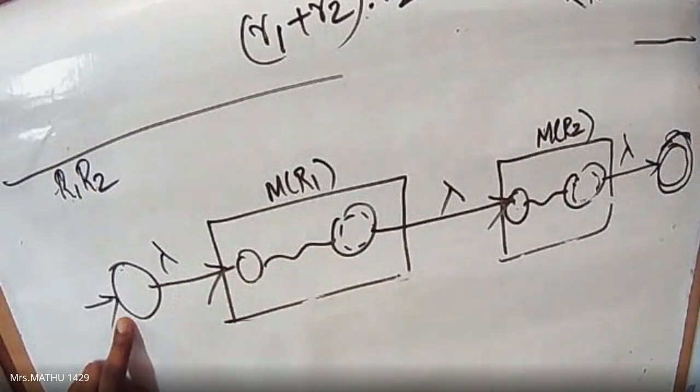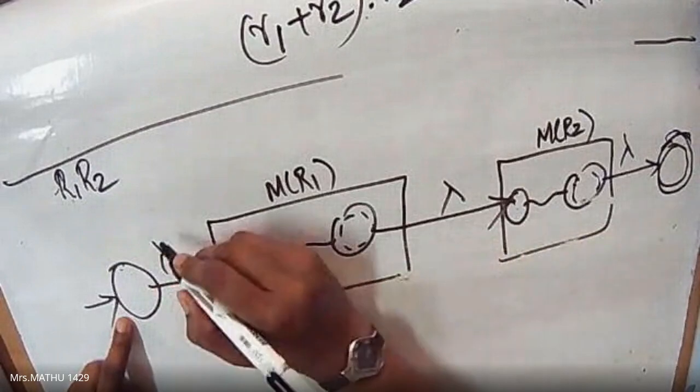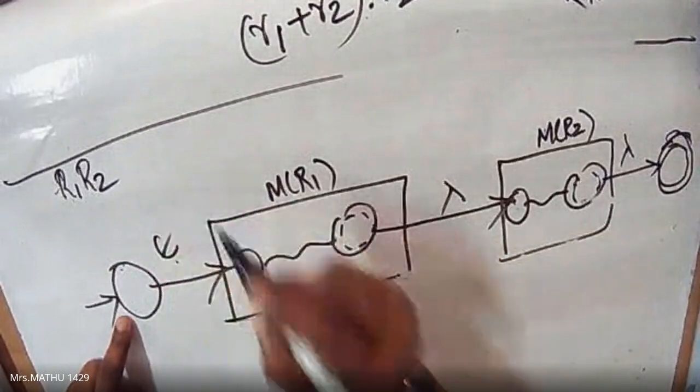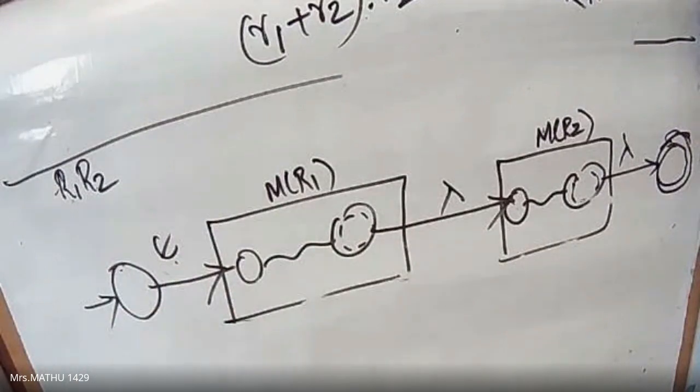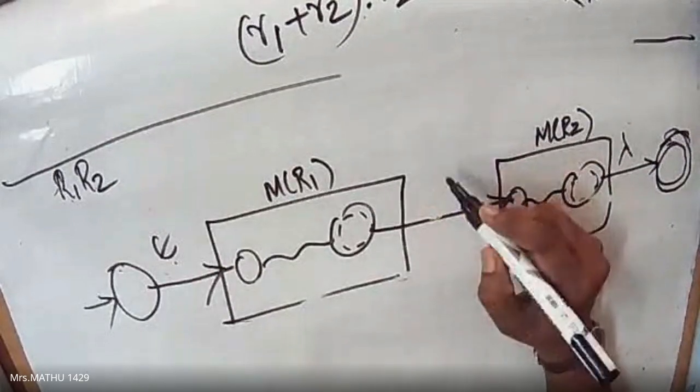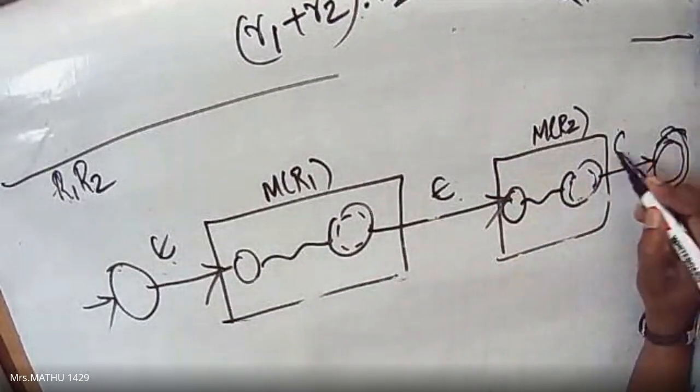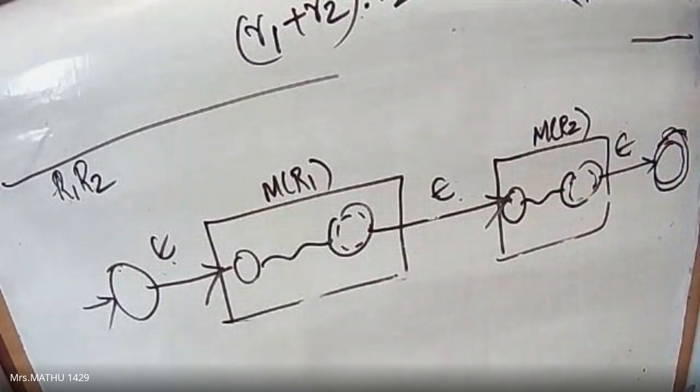In the place of lambda, epsilon can also be used, both are the same. So if you get epsilon instead of lambda in your question paper, don't get confused. In some problems epsilon is always used, epsilon move, epsilon transition, but the meaning is the same.